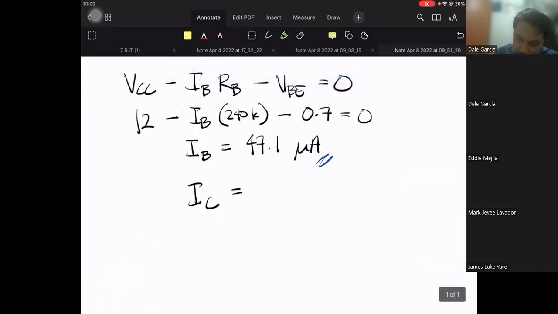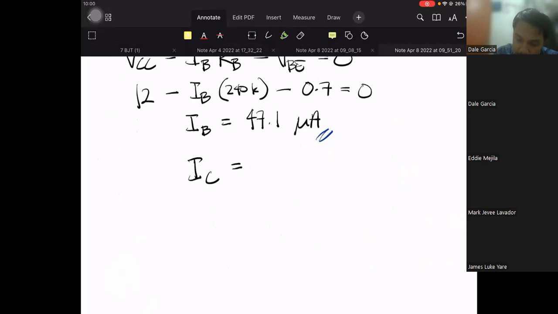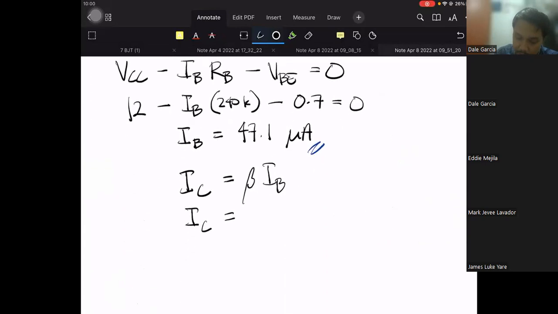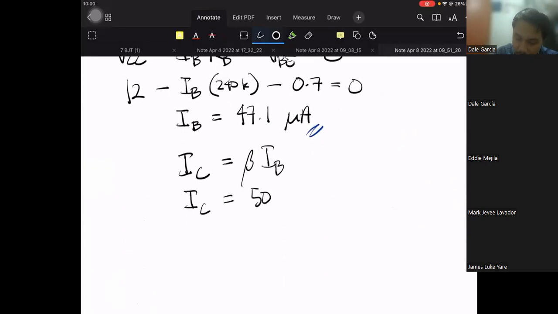Beta is given as 50. So 50 times IB of 47.1 microamperes.